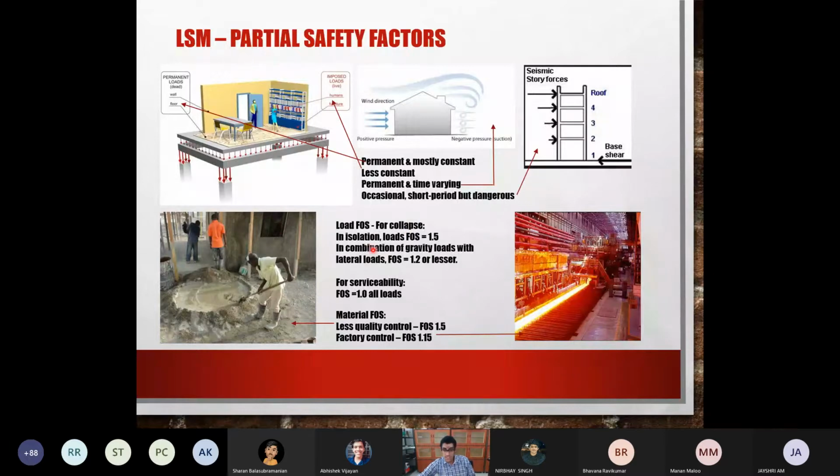In general, for any single load that you take, whether it is permanent, live, wind or seismic, as long as you are going to consider only one single type of load, you factor that load by 1.5 when you make your design. For example, if you have dead load, and do I have the table?